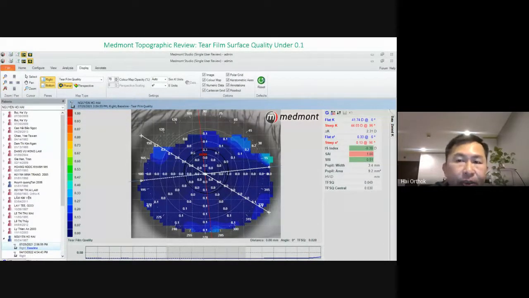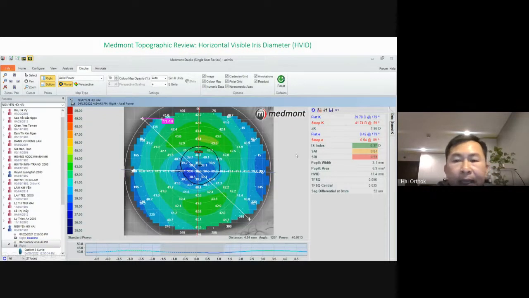Anything that approaches 0.1 units indicates dry eye on the Medmont topographer tear film quality. And then the topographer will enable us to determine the diameter effectively. So this cornea is about 11.44 millimeters. So I will design the lens for 11 millimeters, slightly smaller than the cornea, and that's the best for the cornea.